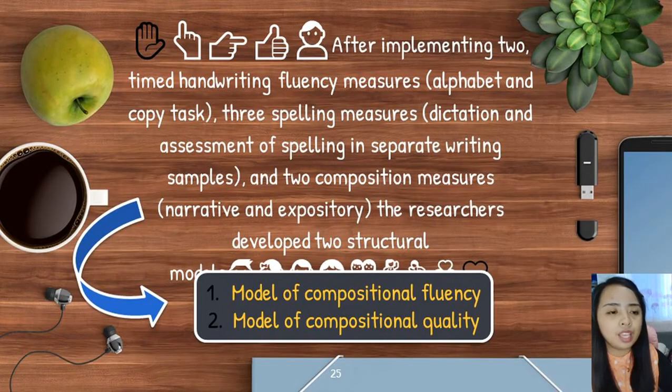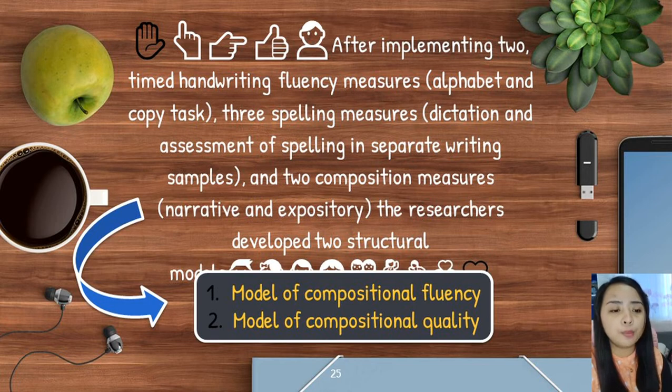After implementing two-time handwriting fluency measures, three spelling measures, assessment of spelling in separate writing samples, and two composition measures, the narrative and expository, the researchers developed two structural models. What are those two structural models? The first one is the model of compositional fluency, and the second one is the model of compositional quality.